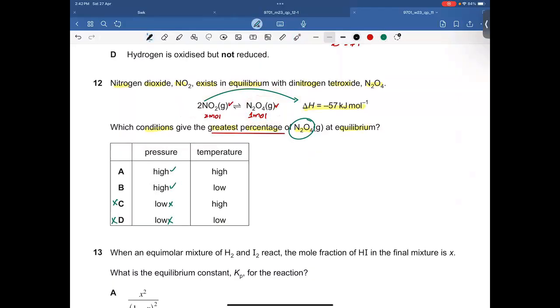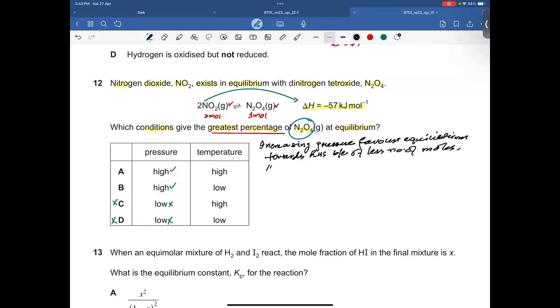Let me write that statement because it's very, very important. Increasing pressure favors equilibrium towards right-hand side because of less number of moles.